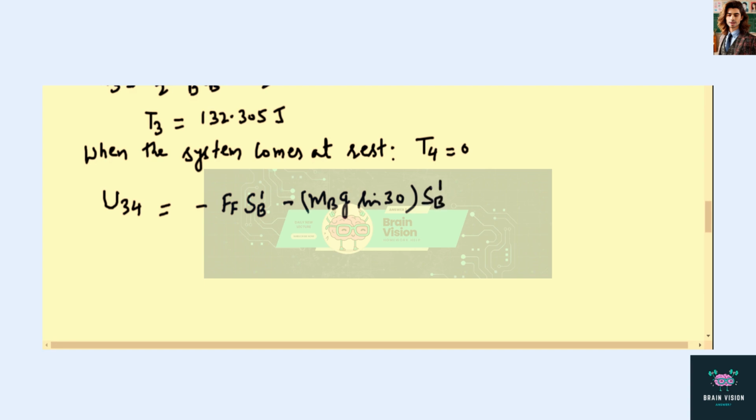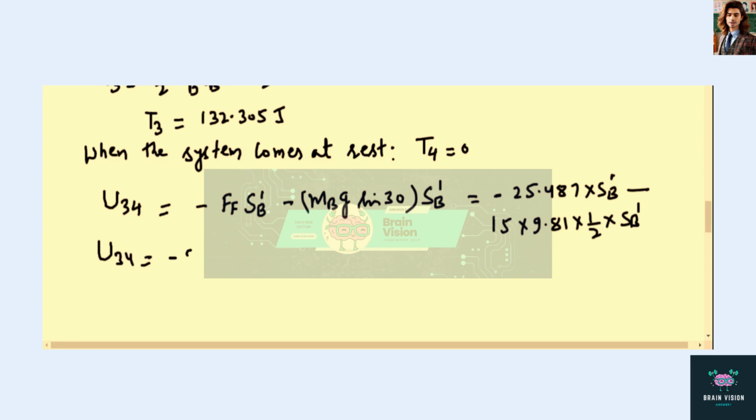Substitute the value. Force of friction is 25.487. Distance moved by the block before coming to rest, 15 kg, 9.81, sine of 30 means half, and distance moved by the block. So work done in the process 3 to 4 will be minus 99.026 into distance moved by the block.